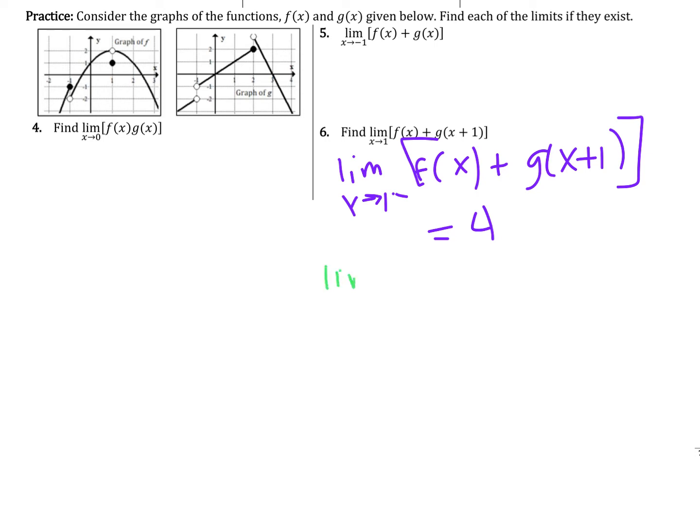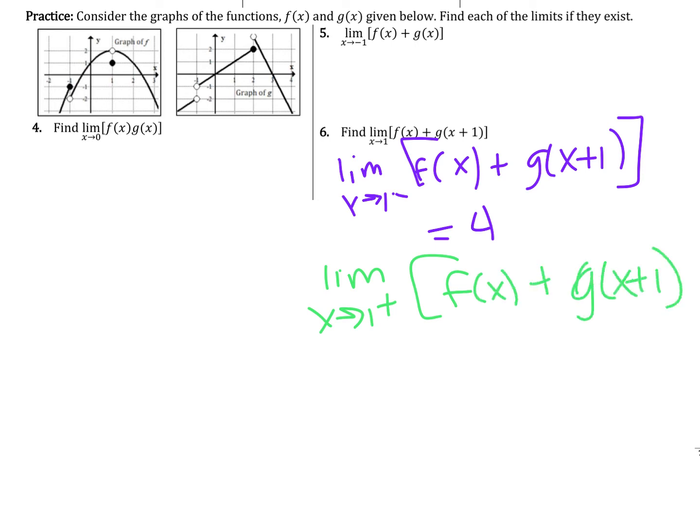And then if we look at the limit as x approaches 1 from the right of f of x plus g of x plus 1. From the right-hand side, f is still at 2, right? We said it's going to be the same limit regardless. So f is still 2. G of 1 plus 1 from the right, g of 2 from the right is going to be 3.